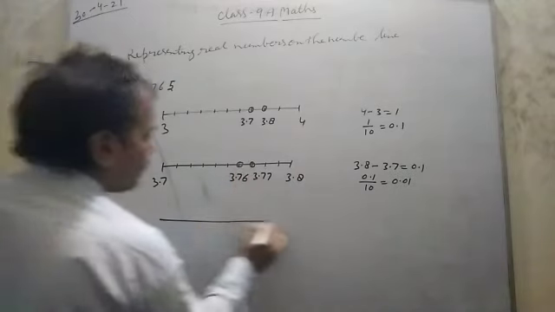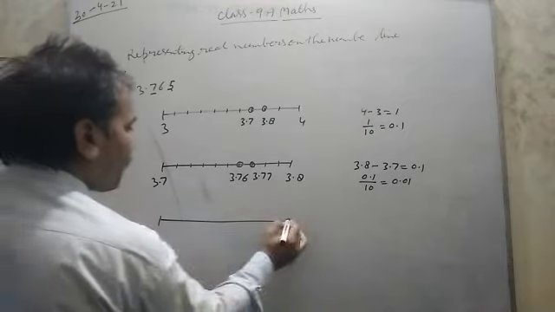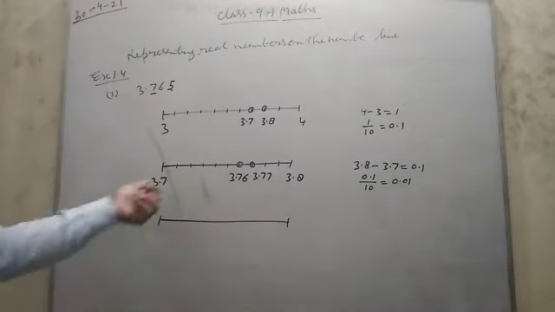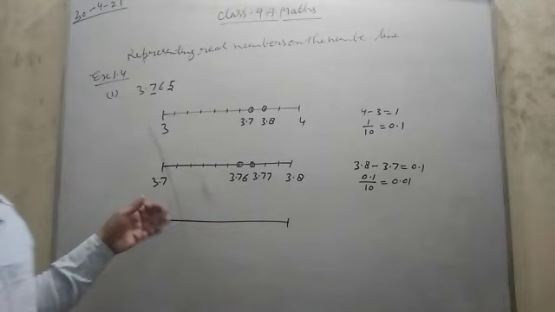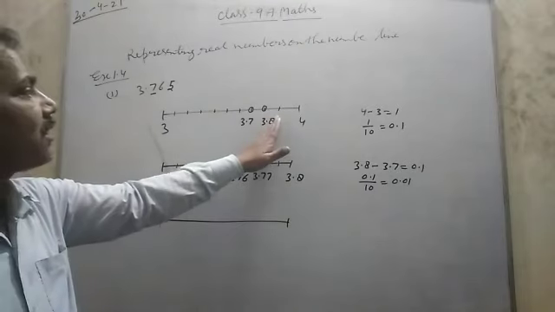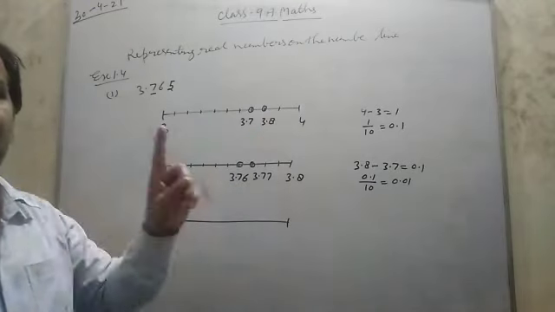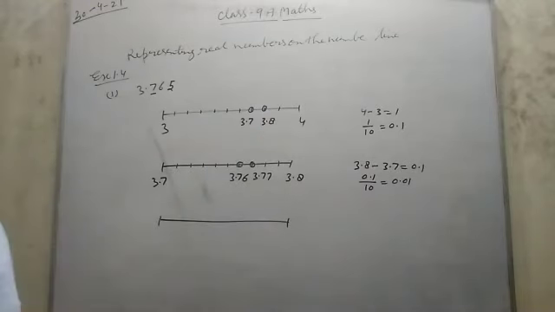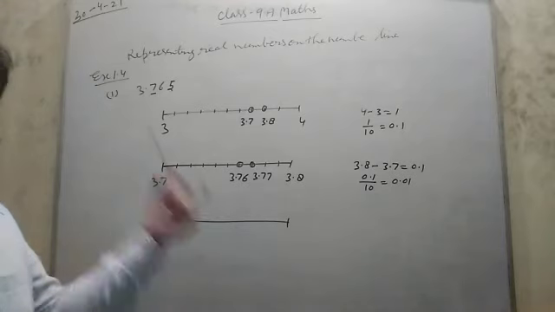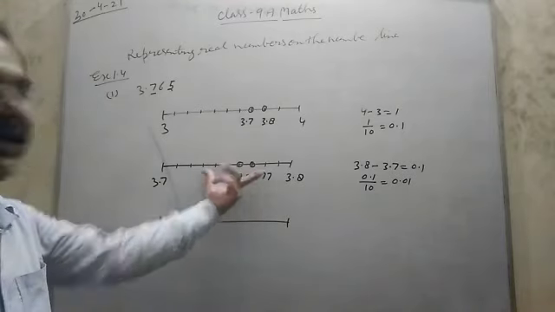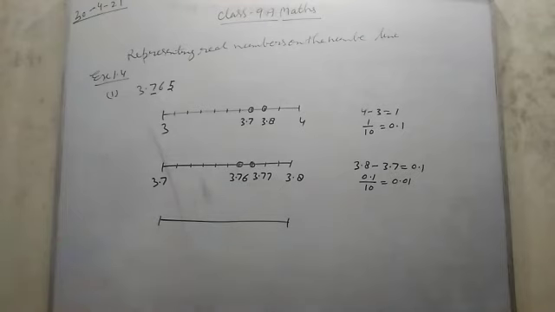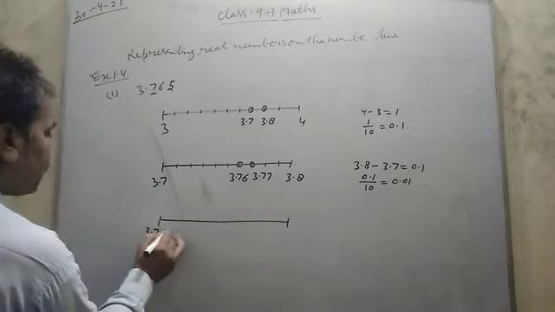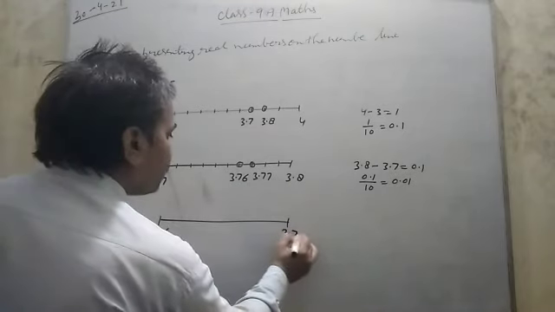So in the third step, about this distance I was talking: by magnifying glass, between 3.7 and 3.8 there is only one division on the scale. So that one division you have to divide into 10 equal parts, so that we can see it by magnifying glass. Okay. So 3.76 and 3.77.